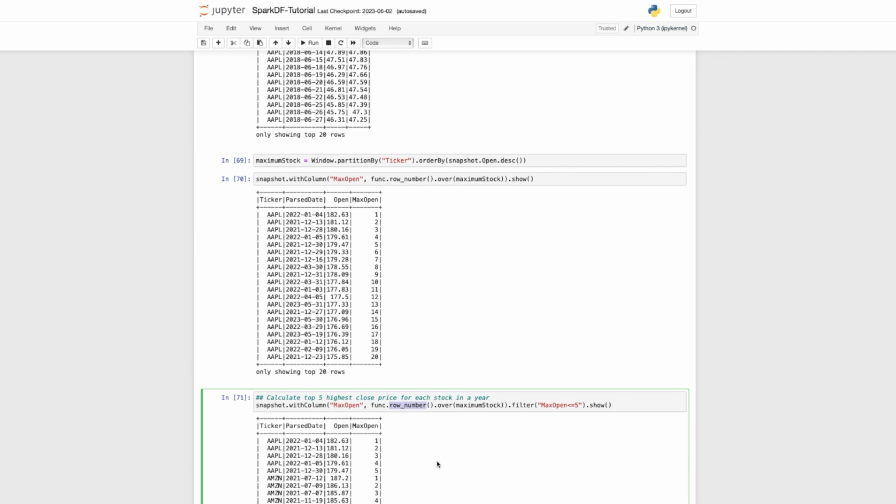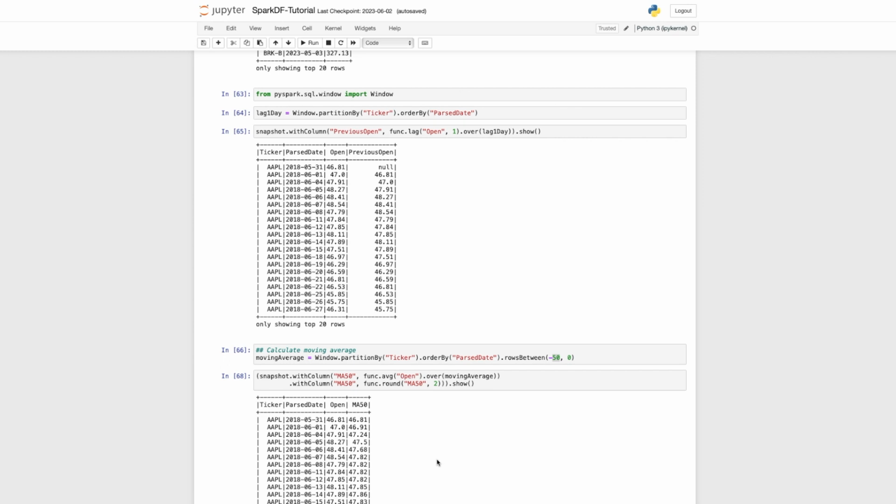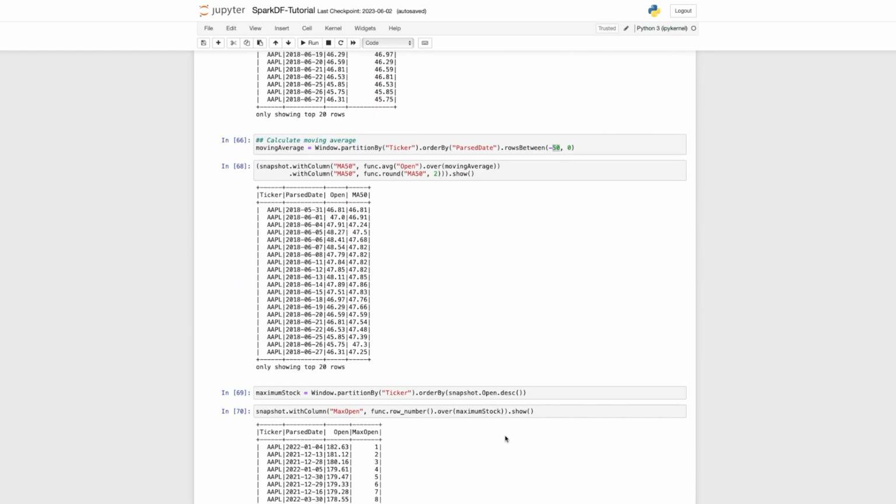So this is how you can use window functions in Spark to perform advanced analytics, and it's a very important concept that you as a data engineer should learn, not only in Spark but also in SQL, if you want to move from a beginner data engineer to an intermediate or advanced data engineer, right? Because it gives you a very strong toolkit in your armory to perform this sort of operation that otherwise you'd not be able to do with a group by operation, right?